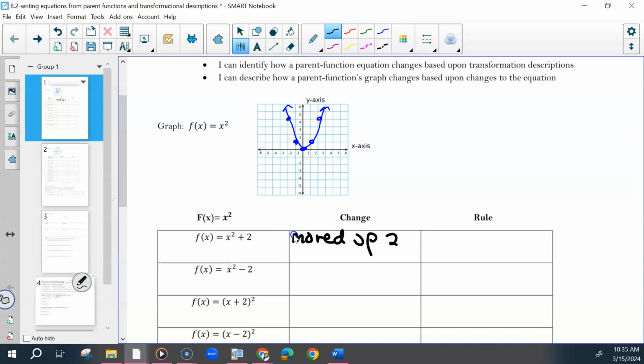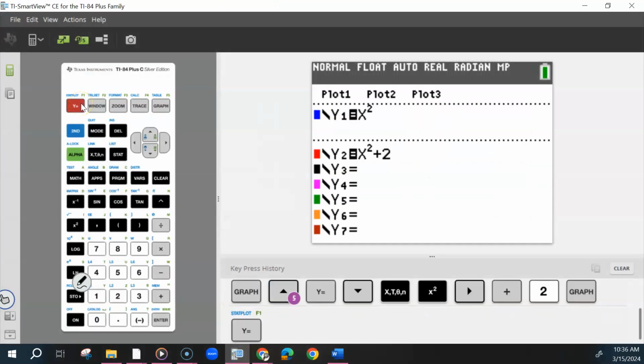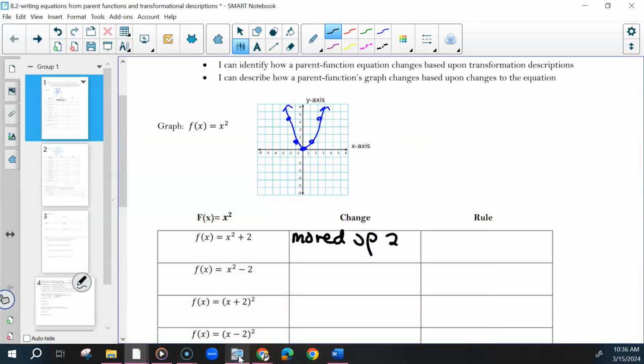Can you demonstrate that again? Mm-hmm. So you put the 2, you already have 1, you put this one in, and then you graph it. So the change, the original, the parent function moved up 2, but the rule, and we'll talk more about this on the next couple pages.